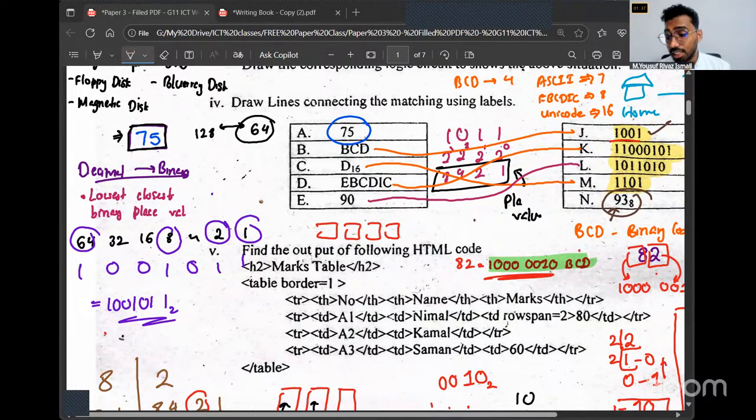Perfect. The largest octal digit could be 7, not 8, it's 7. Octal numbers always range between 0 to 7. So 9 is greater than 7, right? So this is an invalid octal digit.